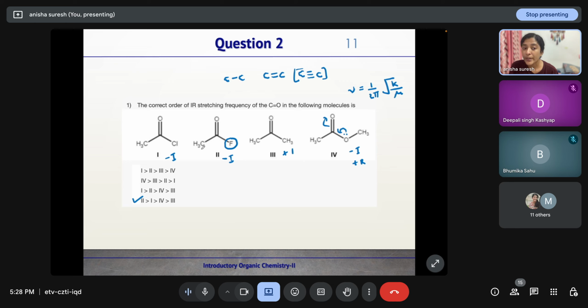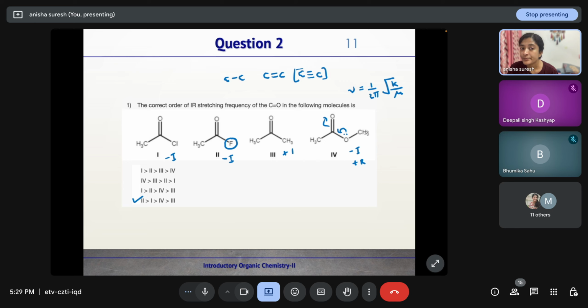In the case of chlorine and oxygen, oxygen has more electronegativity than chlorine. However, here a plus R effect is also involved. Because of that, this will have a partial double bond character. Okay, so that is why chlorine will have a more pronounced effect than this ester. Okay.